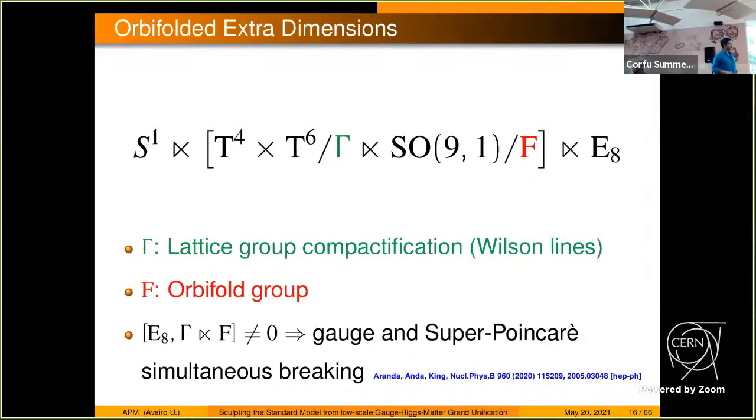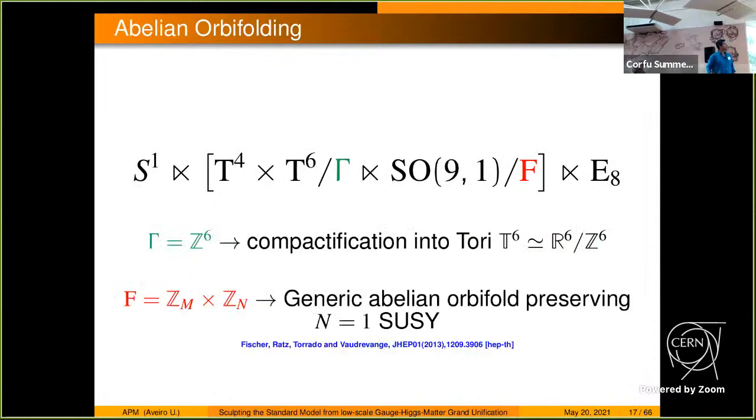This was also shown by our colleagues here. So what do we choose in this particular setup? We use this Z to the power of 6 lattice. I like the integer numbers, Z to the power of 6. Because we have 6 extra dimensions, this compactifies the open dimensions into a T6 torus, basically.